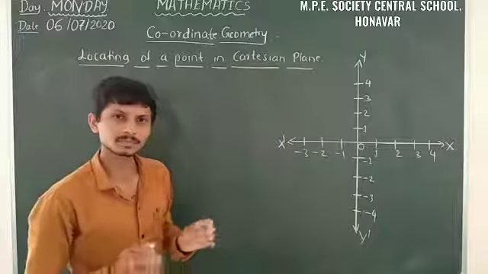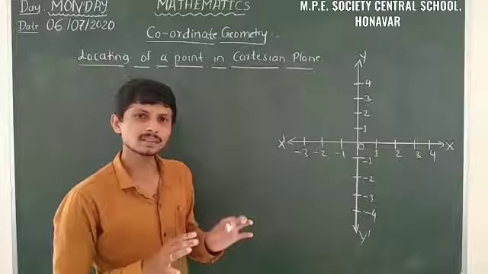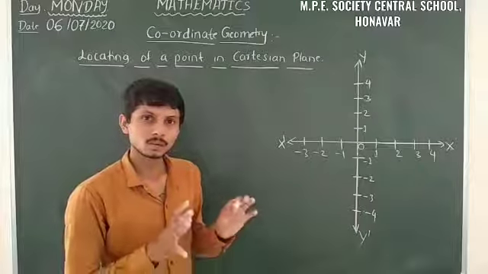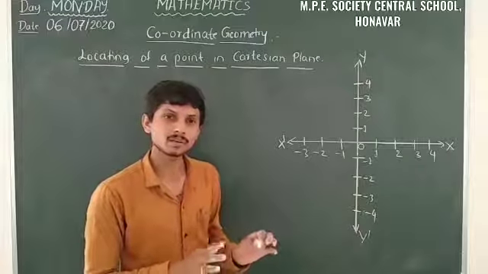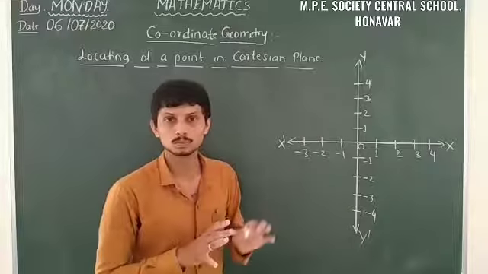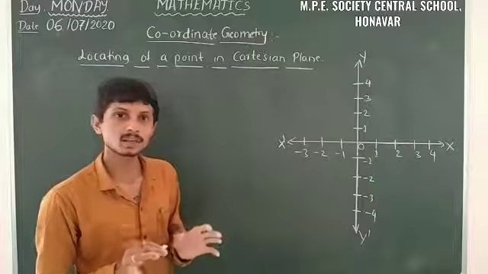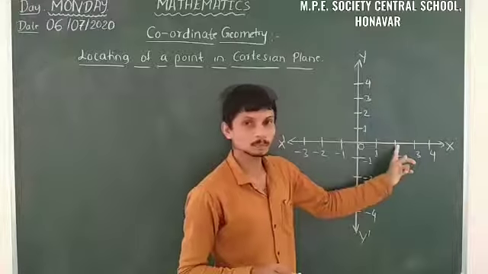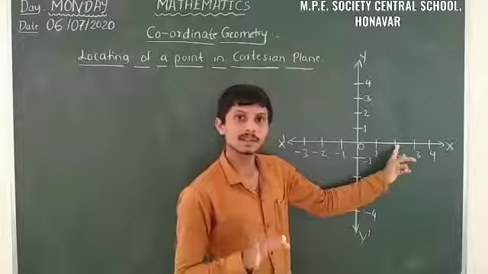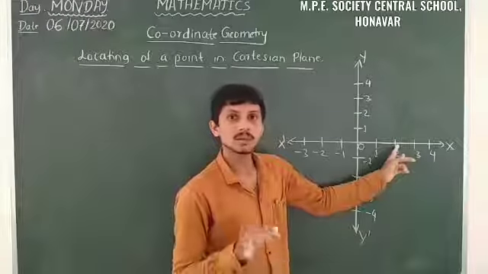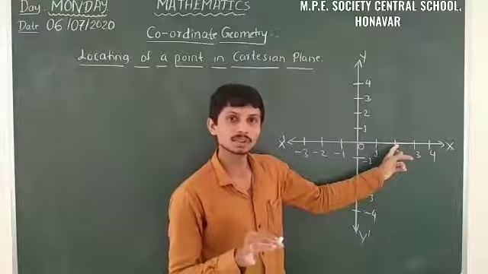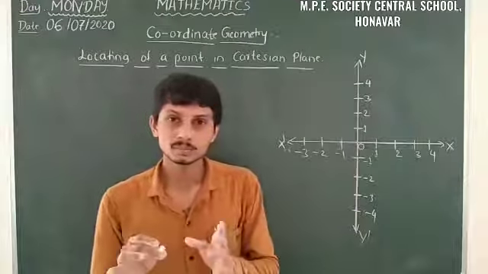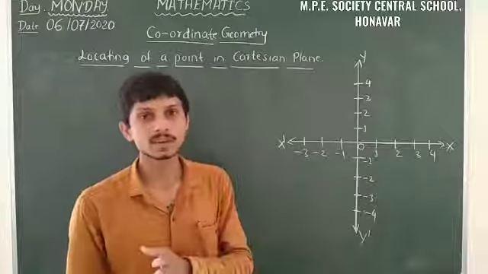Let me consider just the x coordinate. For example, I want only the x coordinate of 2. I will take the x coordinate of 2 here. That means it is a perpendicular distance from the y axis.